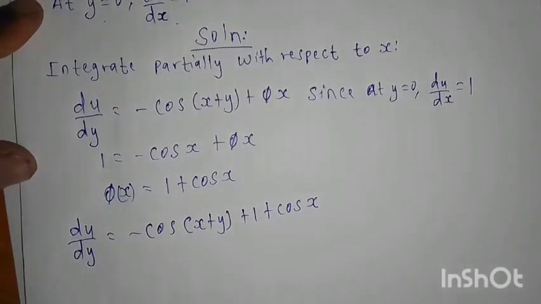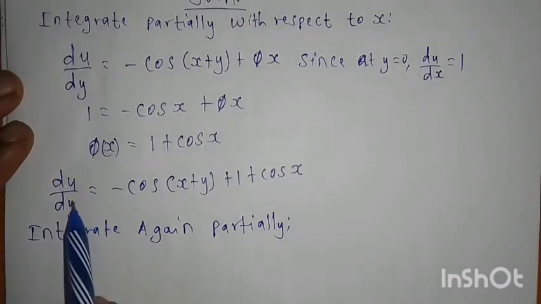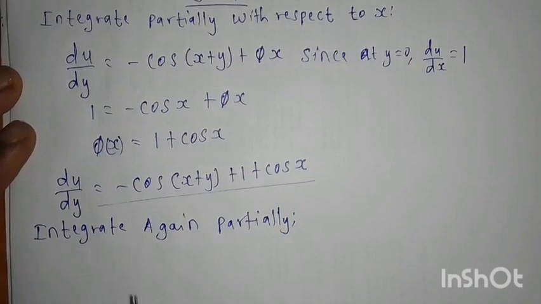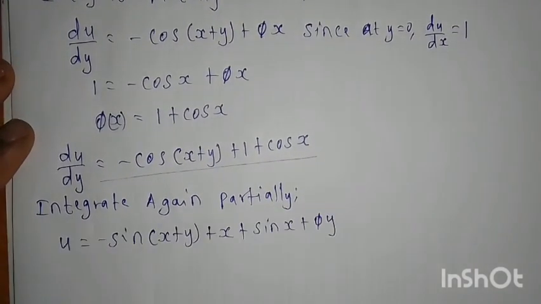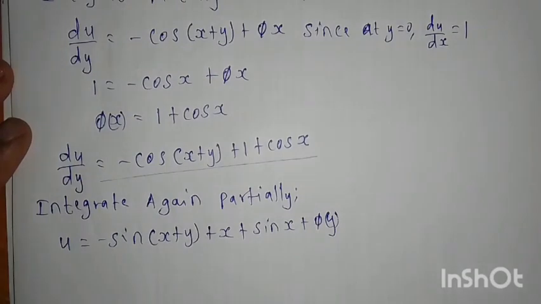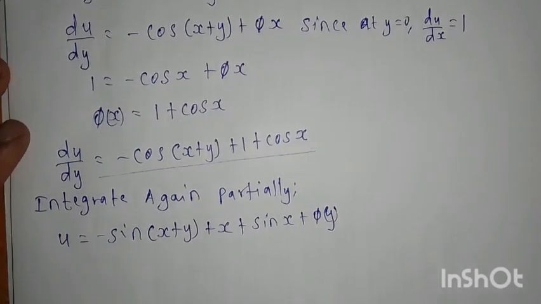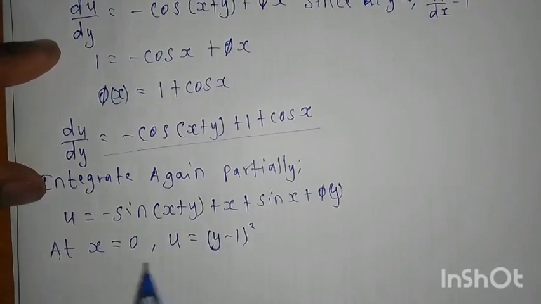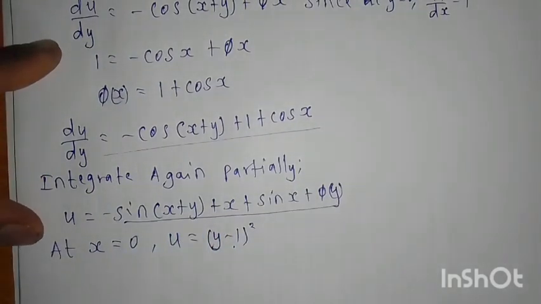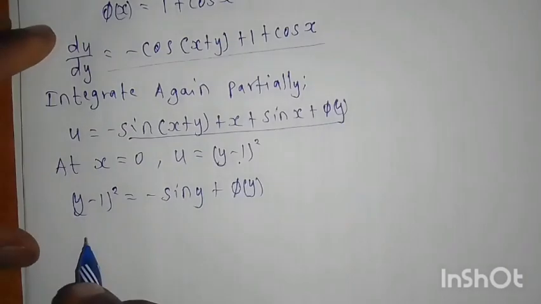The second step is now to integrate this equation, also partially. By integrating it we have a function of y, because we were integrating with respect to y. Applying the other boundary condition into this equation, we find that this function of y will equal the following.